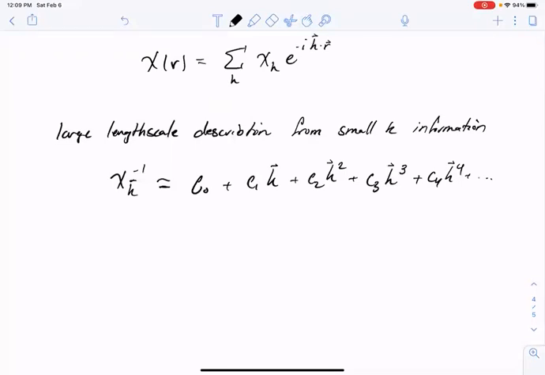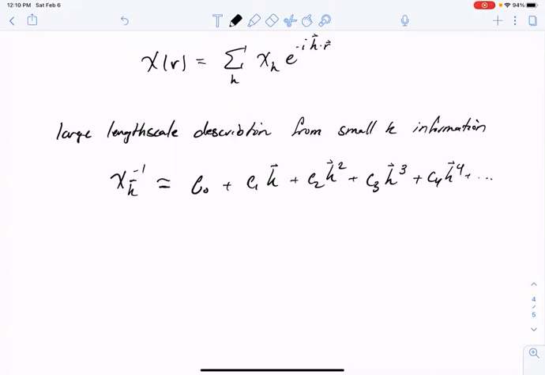And in addition, the expansion must depend on only scalar functions. To get scalar functions from this sort of expansion requires that we have dot products that turn these vectors into scalars.